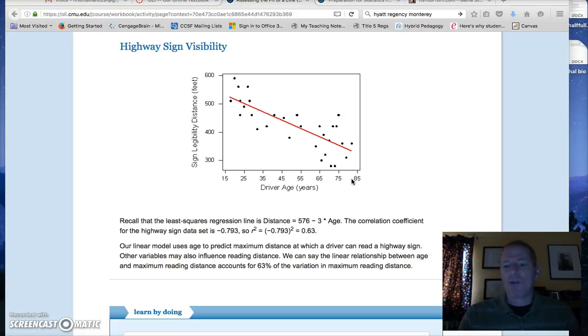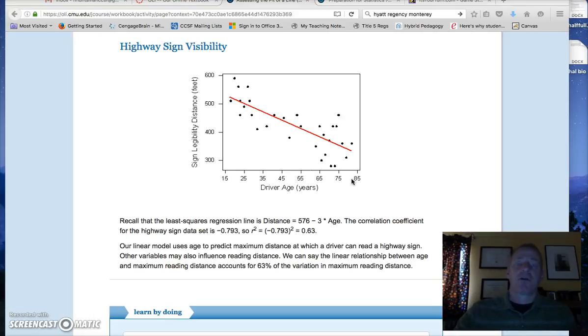Maybe it's the weather, or maybe it's your genetics, or maybe it's the clarity of your windshield even as you're driving, right? All kinds of things could be affecting your ability to see a sign at distance in feet. But what we're seeing here is that age appears to be a pretty big factor in how far you can see a sign.